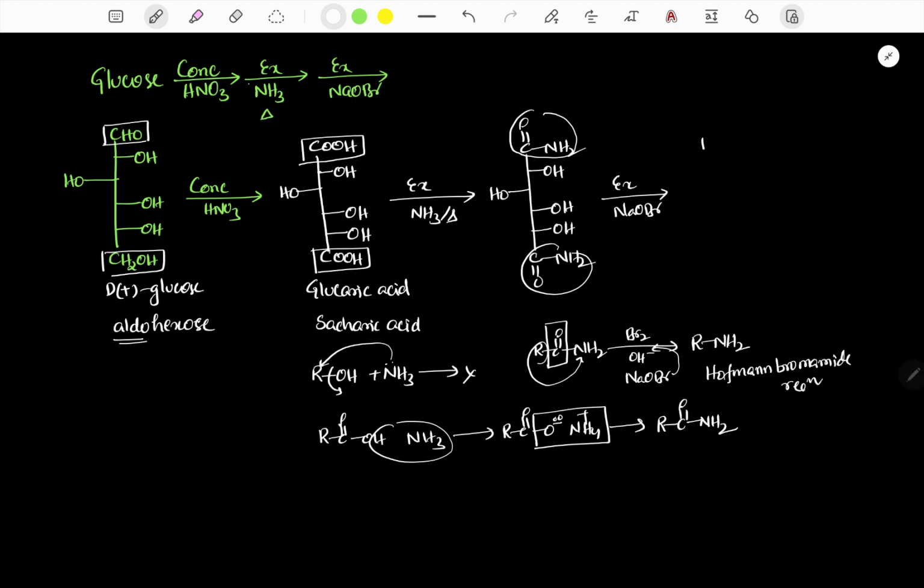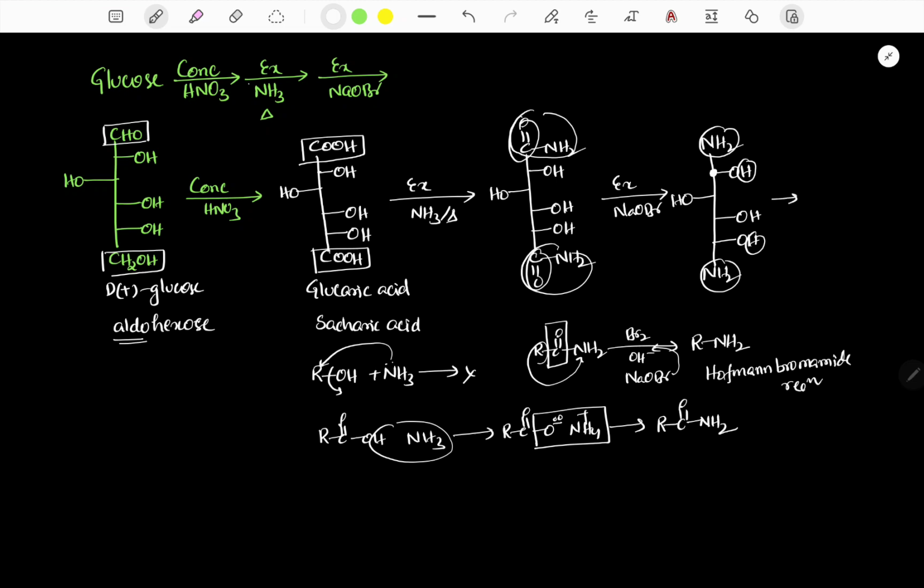Therefore here simply NH2, we remove the CO group and the remaining is the same: OH right side, OH left side and OH right side. And we know that when the same carbon has the amine and OH group, we can remove the amine.